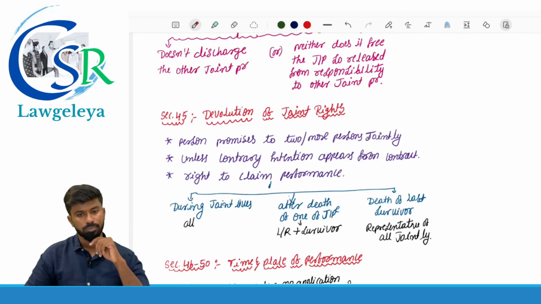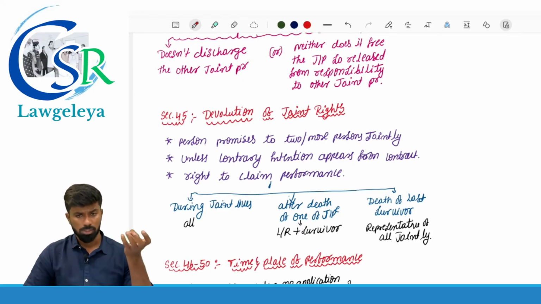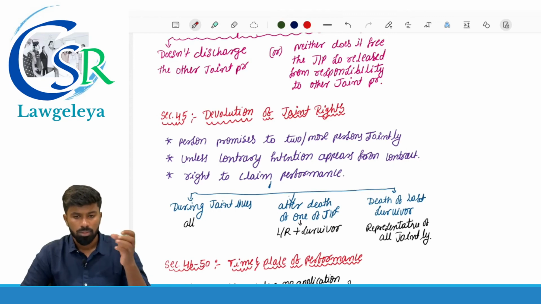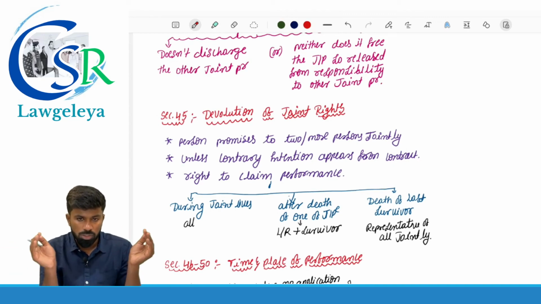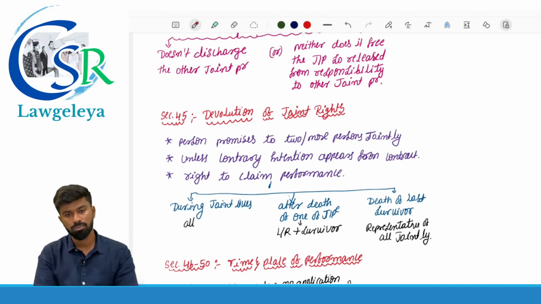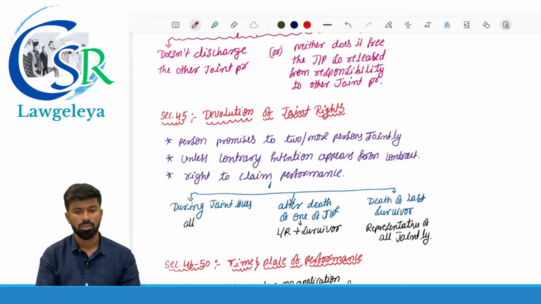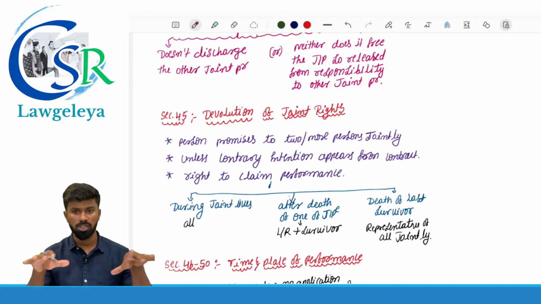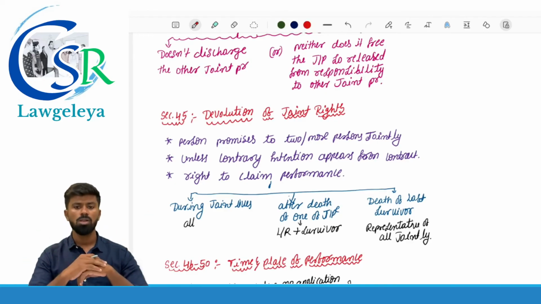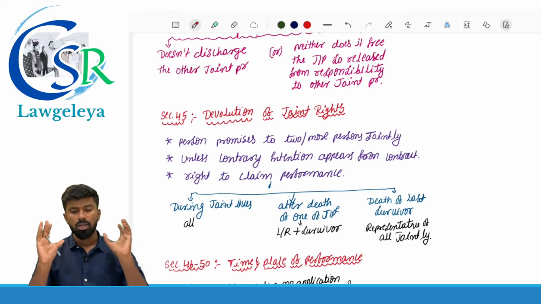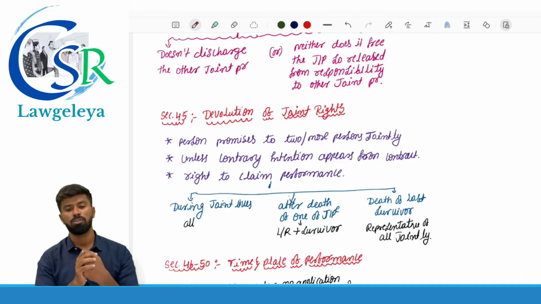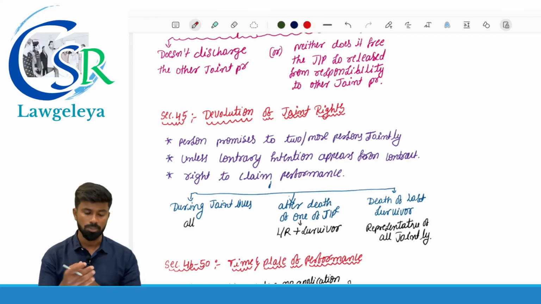I repeat, where a person promises to two or more persons jointly, then those joint promisees can enforce the contract jointly when they are alive. If anyone dies, the remaining joint promisees along with the legal representative of the deceased joint promisee, and in case of death of all of them, the legal heirs of the deceased joint promisees can demand the performance from the party.